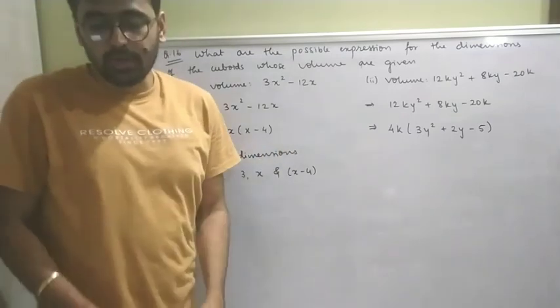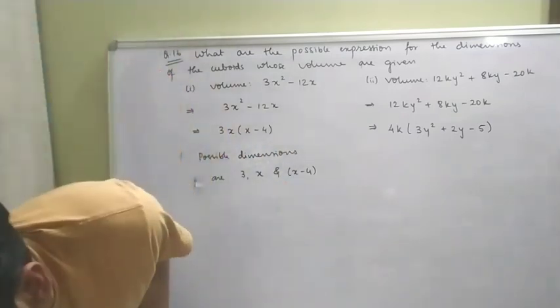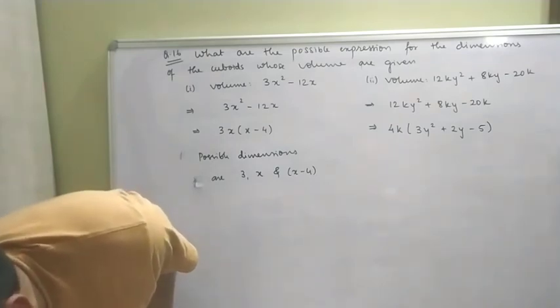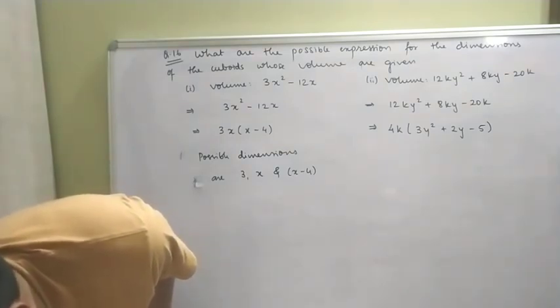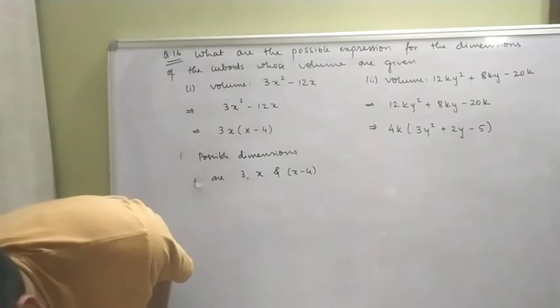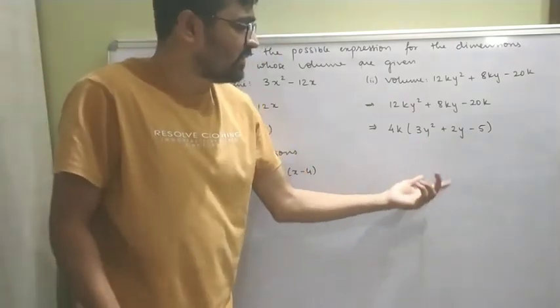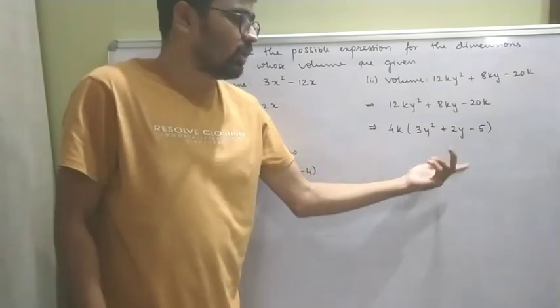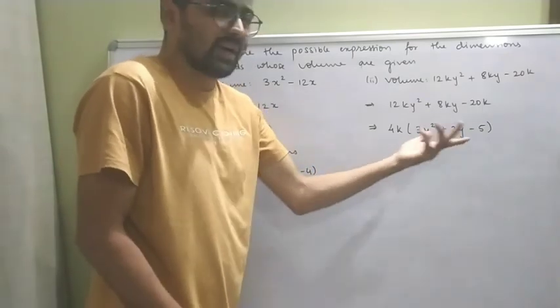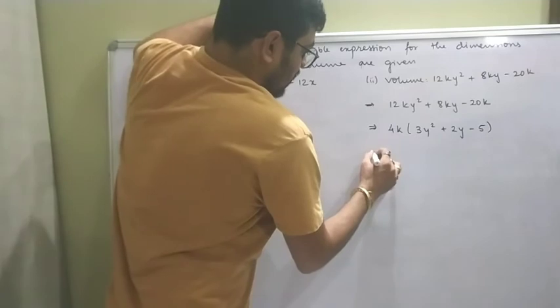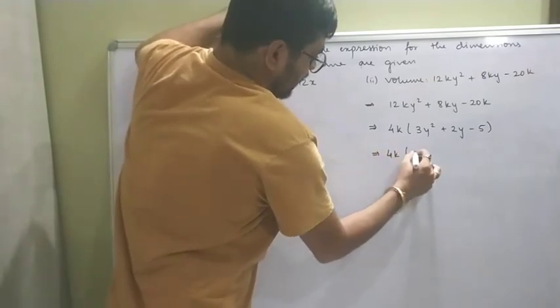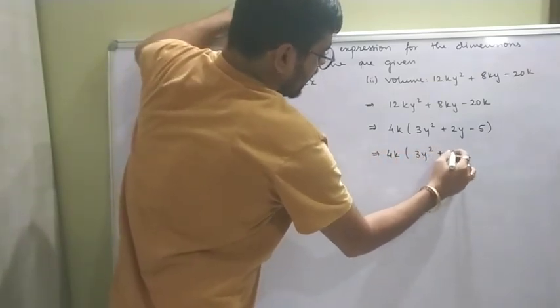Now what could be my possible factors in this particular solution? इसमें मेरे possible volumes के लिए क्या आएगा? So that is what we need to take care of. Now can we factorize this? Definitely it's a quadratic polynomial and we can easily do that, or that factor will be 5 and 3 only. So let me write like this: 4k, 3y square.